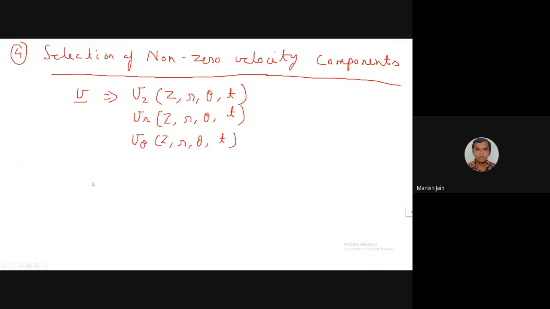So you get the non-zero velocity component, that is Vz, which may depend upon z and r. This is 0, this is 0, this is 0, this is 0. Now you have to use the equation of continuity.